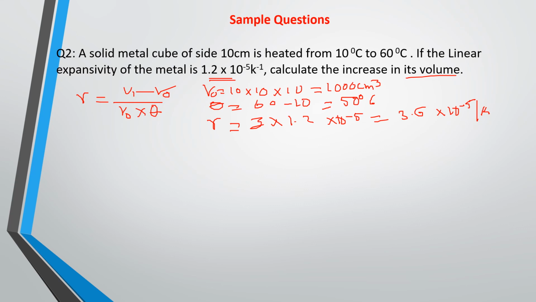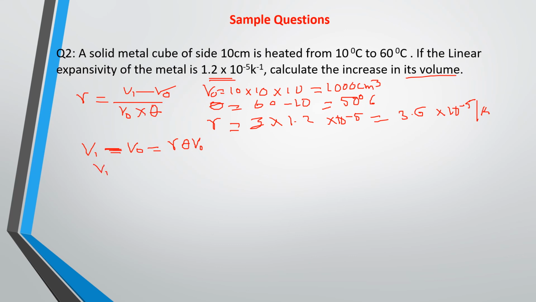So we are going to find the final volume, then from there we can get the increase in volume. From this equation, we said that the final volume V minus VO is equal to cubic expansivity times change in temperature times initial volume.